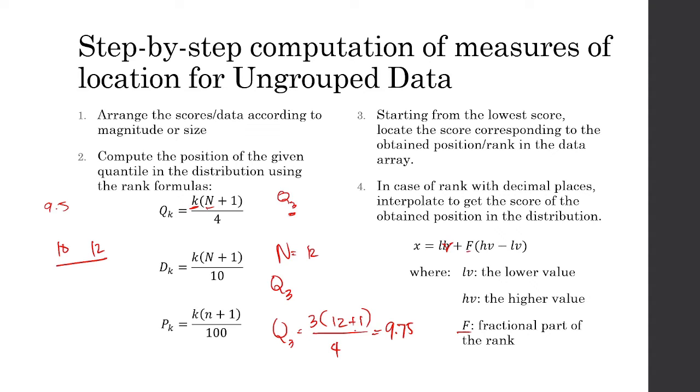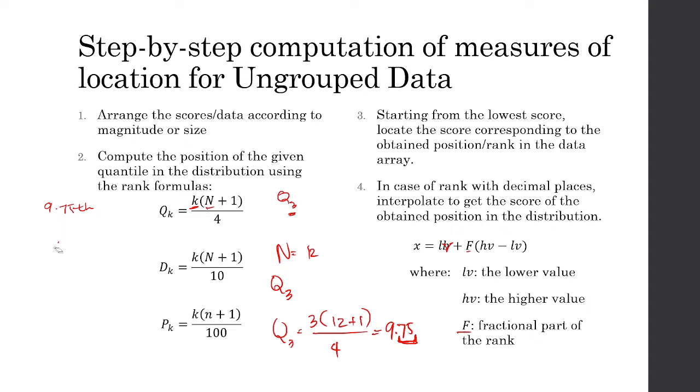Pero paano kung 0.75 na? 0.25, ganyan. So, paano natin gagawin yun? In that case, you will be using this fractional part for the interpolation. So, let's say that instead of 9.5, we have a rank value which is 9.75.